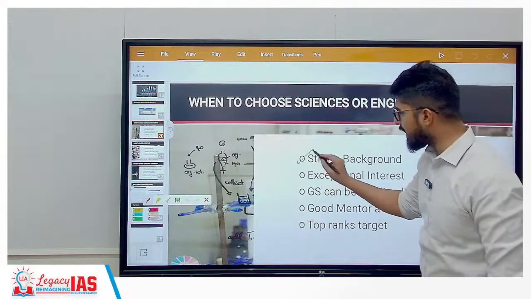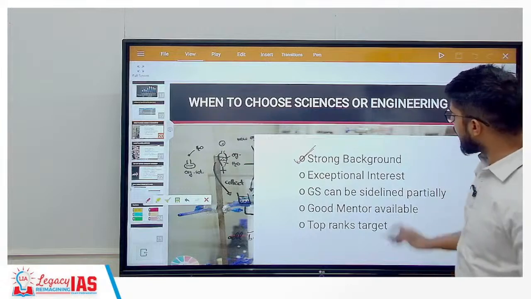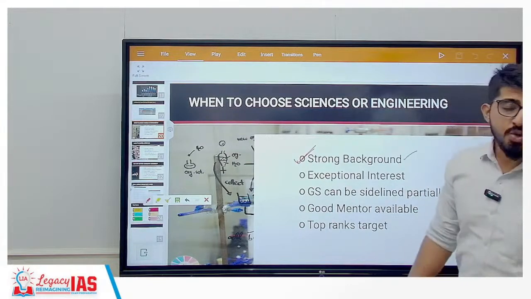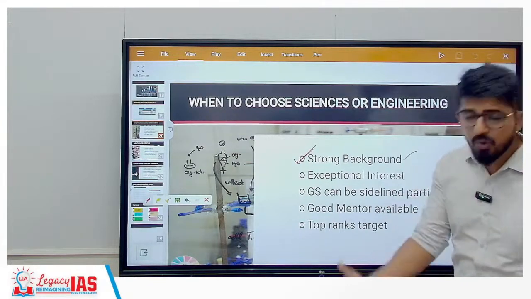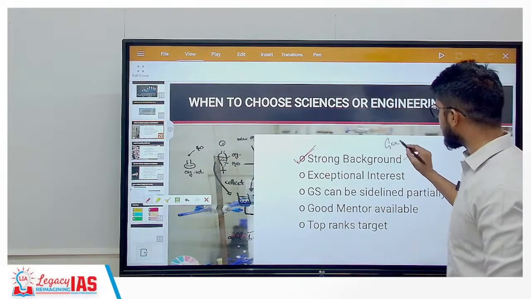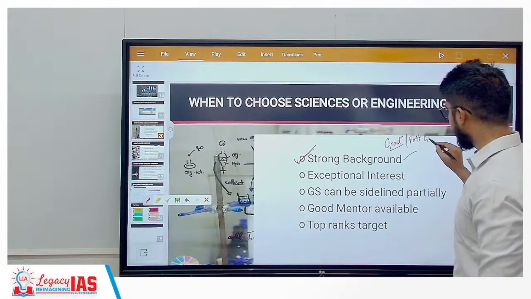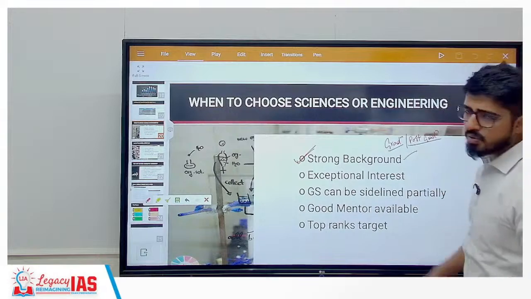You should have a very strong background. When I say a very strong background, you should have understood the subject. You should have loved the subjects that you studied in your graduation or post-graduation. Only then choose them as an optional.